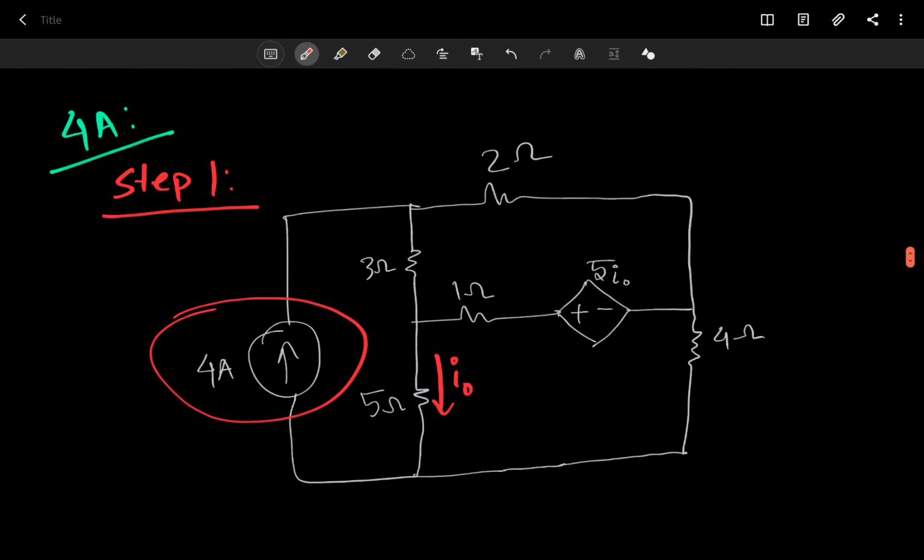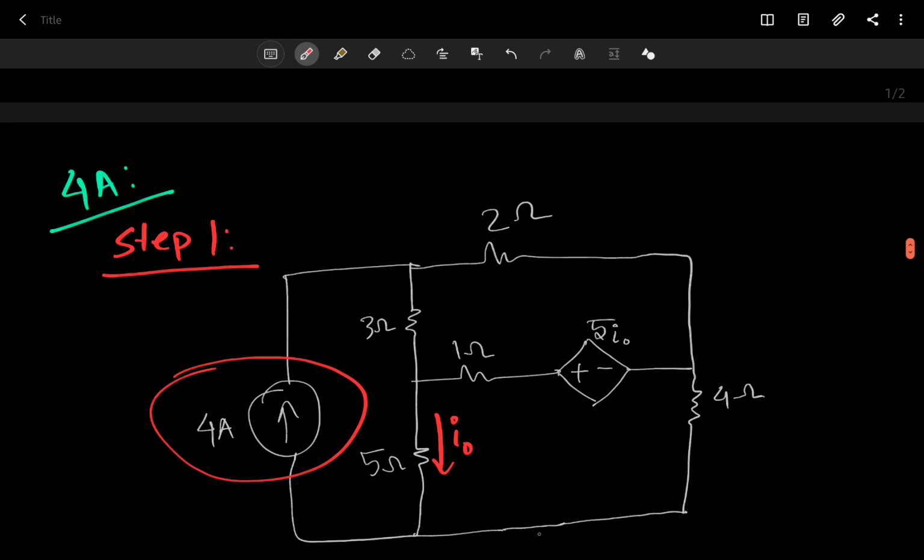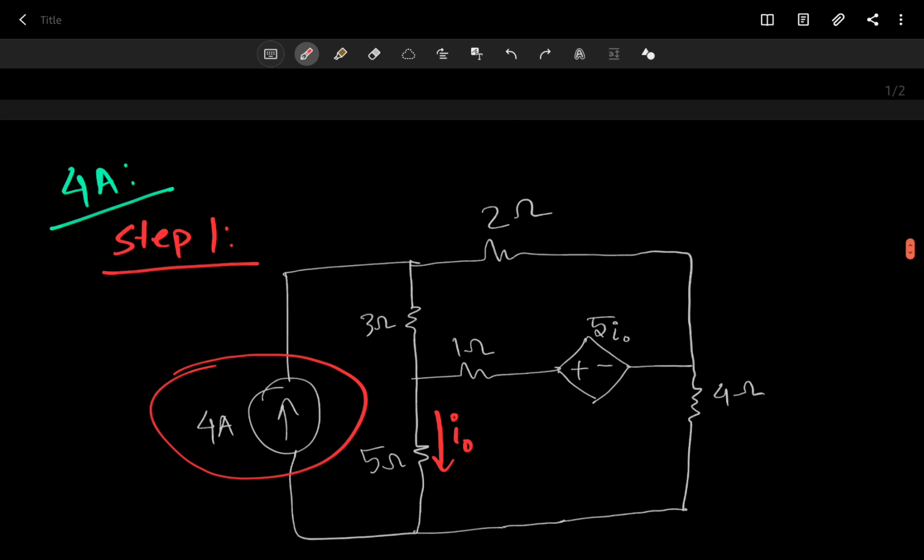Here we have killed the 20 volt voltage source, which was right here. So now we won't get the full I naught here. We will get just the 4 ampere component, one component of the I naught current. So we write it in short form.